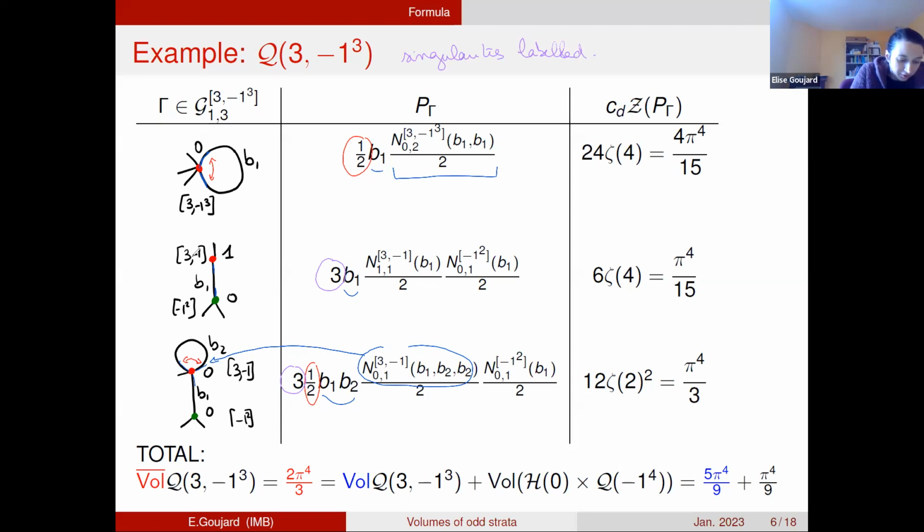And when you consider the stable graph, actually you have 3 ways to label this pole. So with the labels, you get 3 labeled stable graphs instead of just the one that I draw here. So here you get a polynomial. Let me just do this example. I think the polynomial is yes. Questions?